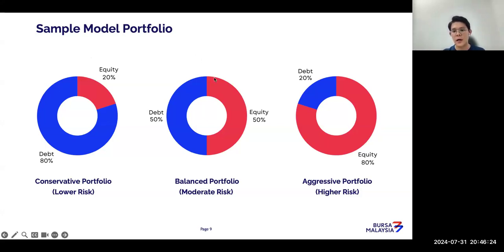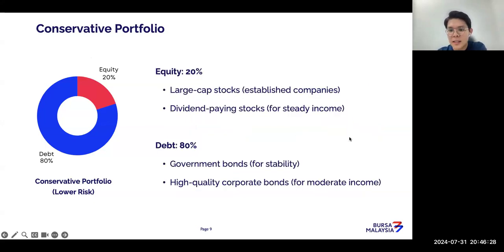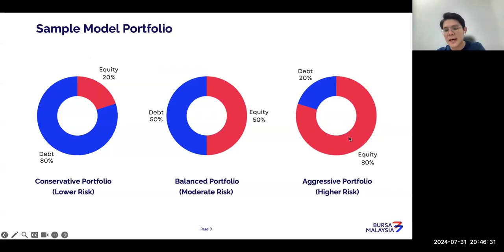And then the aggressive portfolio consists of 80% equities and 20% bonds. It targets high growth with higher volatility. This example provides a starting point and can be adjusted based on individual risk tolerance and financial goals.